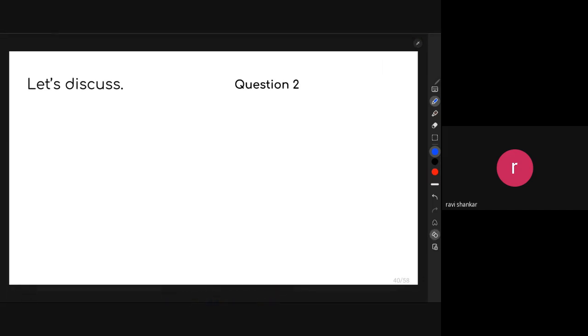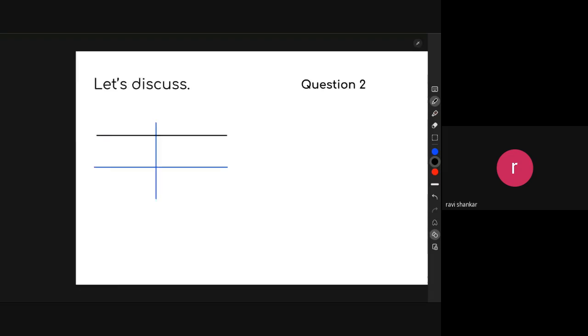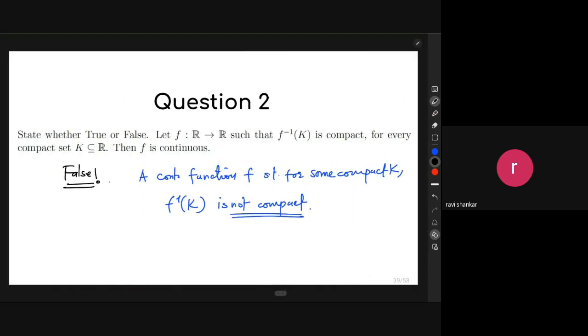Okay, so let me draw the graph. It will be easier for you to understand. I can't understand that statement. What if f(K) was given instead of f inverse of K? Acha, okay, you are asking if I switch the position of f(K) and f inverse of K. So you are saying that if f(K) is compact for every K, then is it also not true.